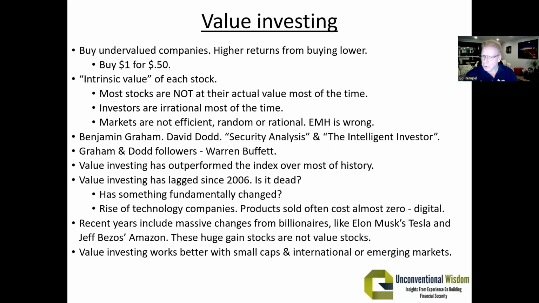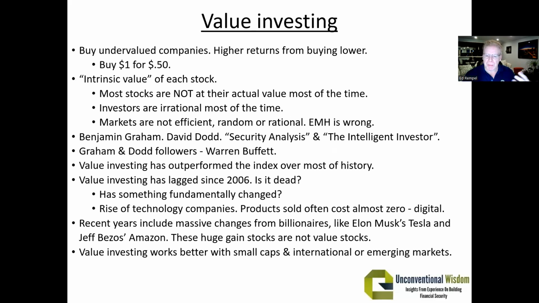It used to be that most companies produce something. Now what happens is a lot of technology companies will produce something where the cost is almost zero. It's a digital asset that they're selling. So once it's designed, it doesn't really cost anything to make another one of them. Like you produce a song, and once it's out there, you can send it to people. It doesn't cost anything more to send it out.